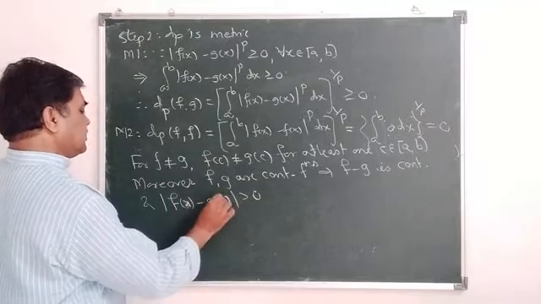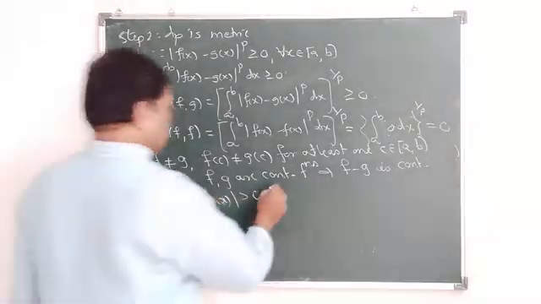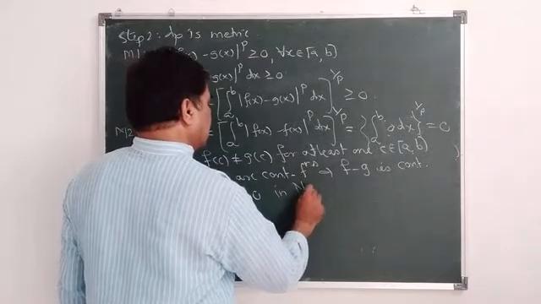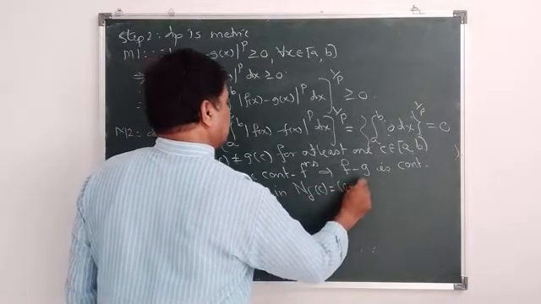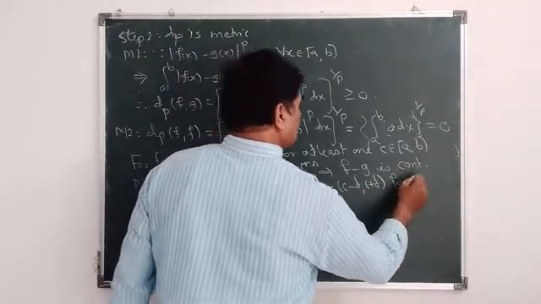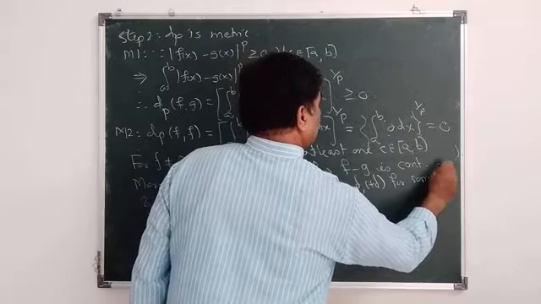So mod f(x) minus g(x) is greater than 0 in the neighborhood N_delta(c), which is c minus delta to c plus delta, for some delta greater than 0.